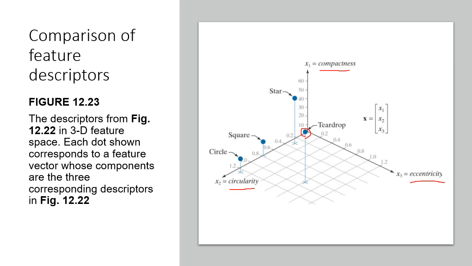The value for the eccentricity is 0.8, the value for the circularity is 0.8 something, and the value for the compactness is something I could not read from this picture.